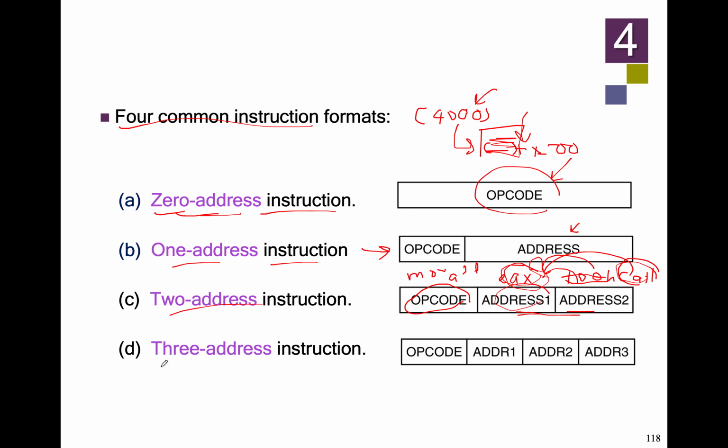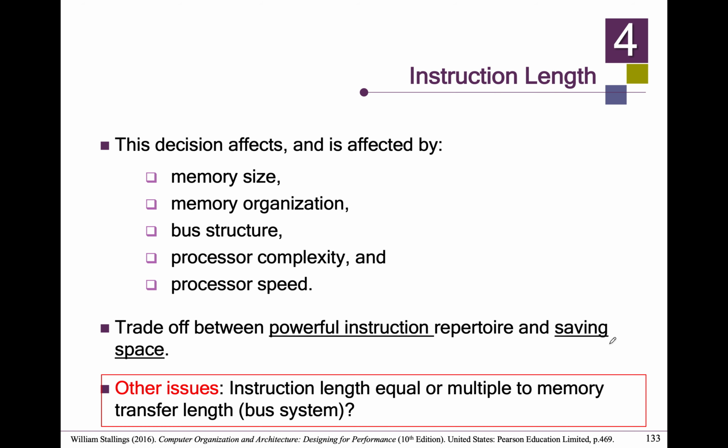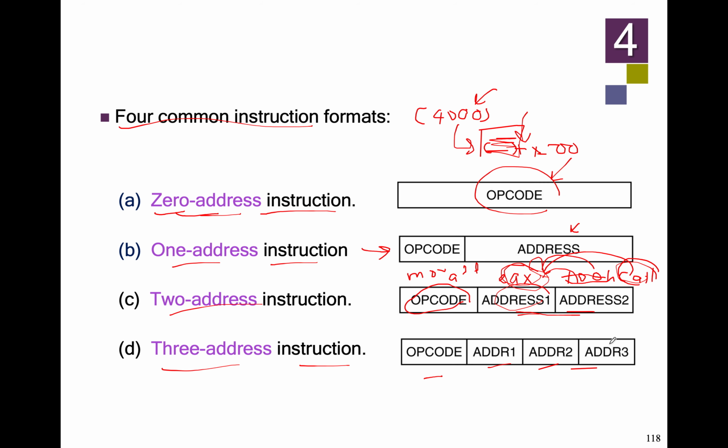And the last common instruction is the three address instruction. You can see over here you have a code and there are three addresses. It is not too new for you because normally you already play around with programming the codes.